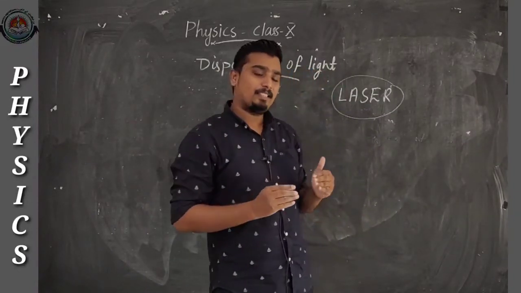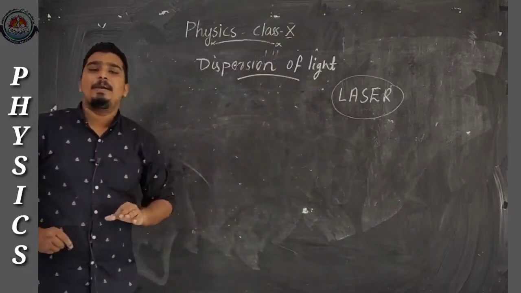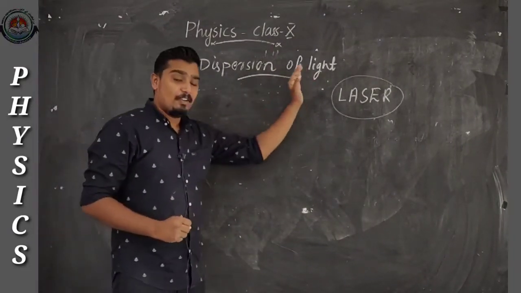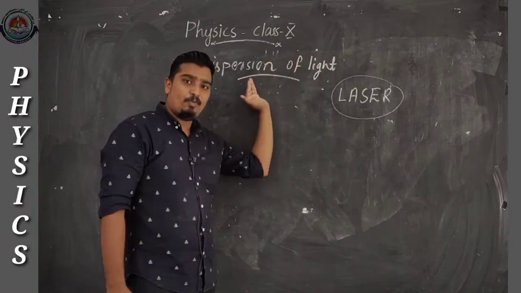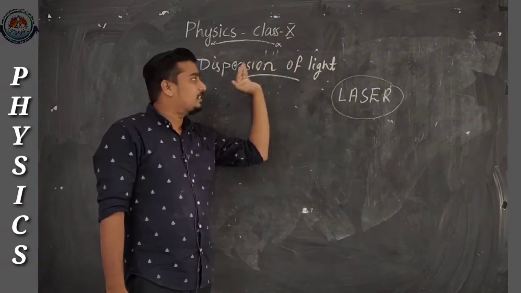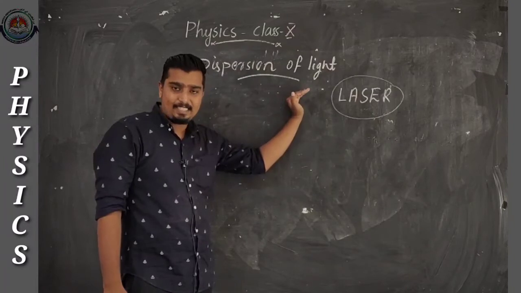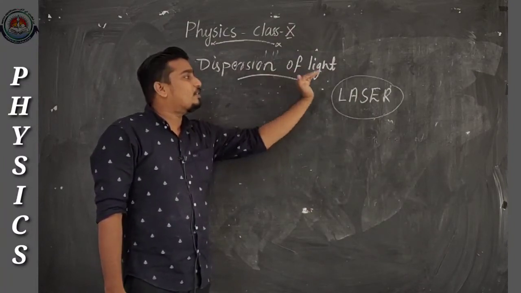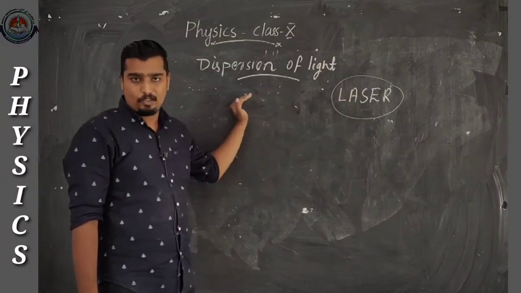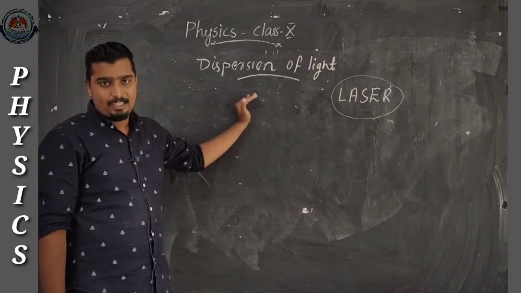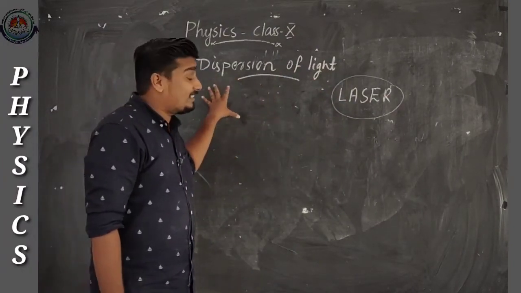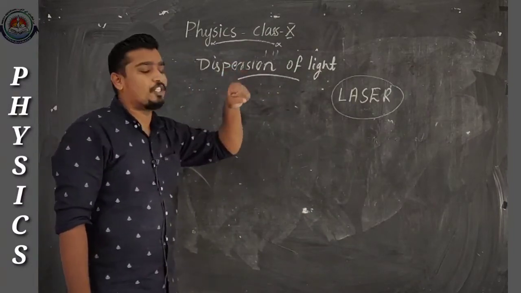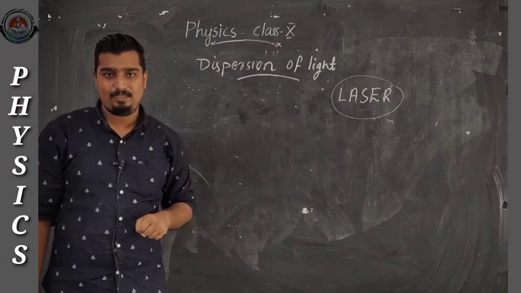What is dispersion of light? The splitting of white light into its constituent colors when it passes through a transparent medium is called dispersion of light.